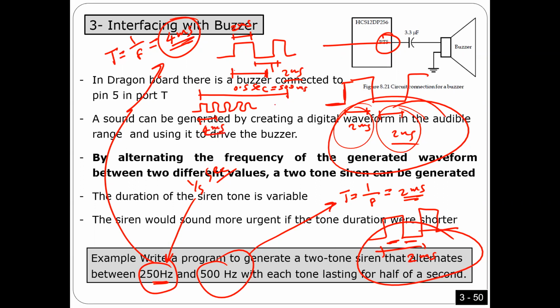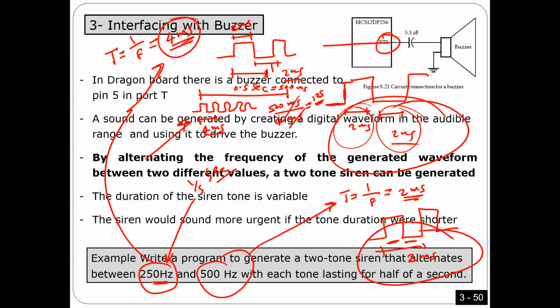I'm going to divide 500 milliseconds by 4 milliseconds, and the result should be what? 125, I guess. Whatever it is, 125. So that means I'm going to generate this frequency for 125 cycles.